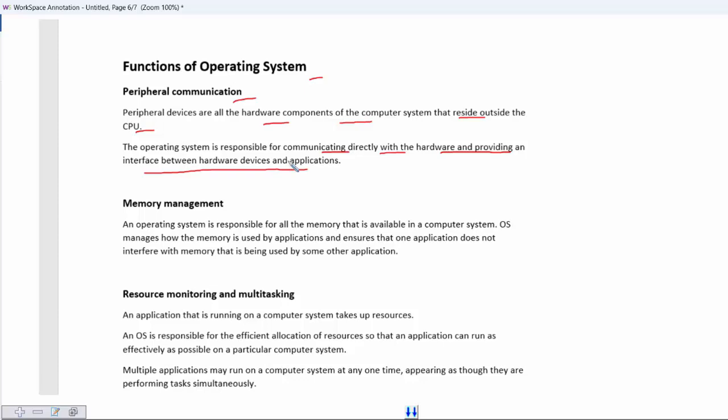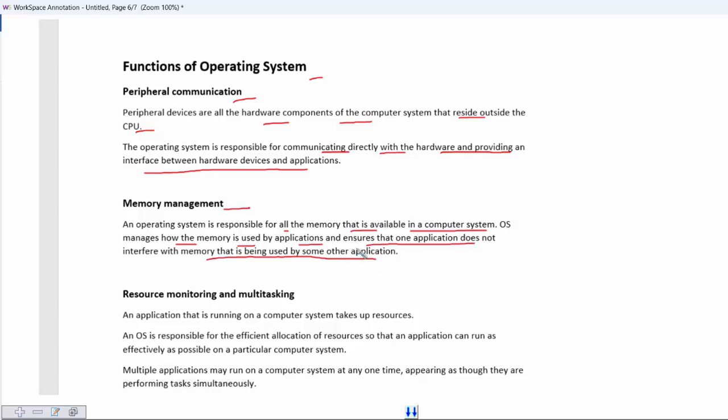And the second function of operating system is memory management. An operating system is responsible for all the memory that is available in a computer system. OS manages how the memory is used by applications and ensures that one application does not interfere with memory that is being used by some other application.